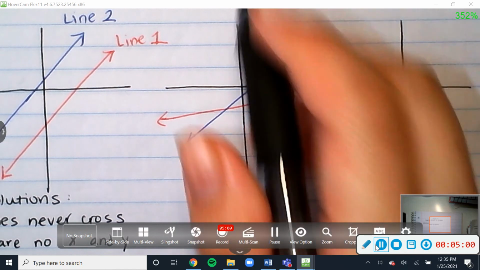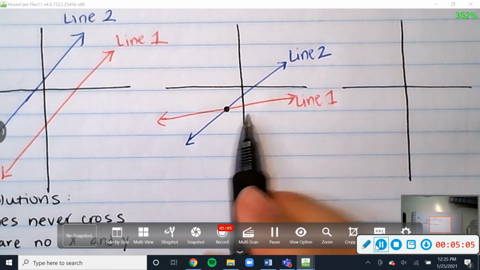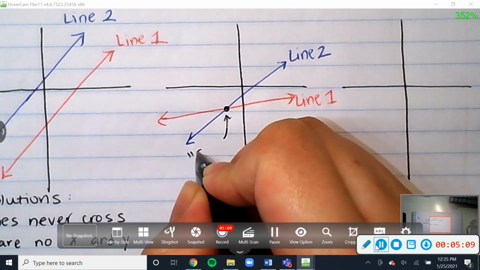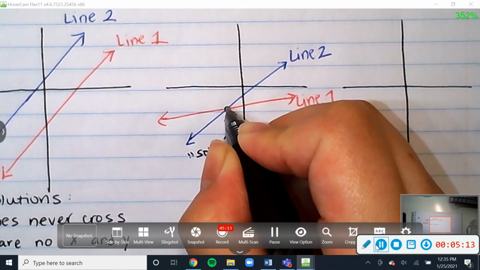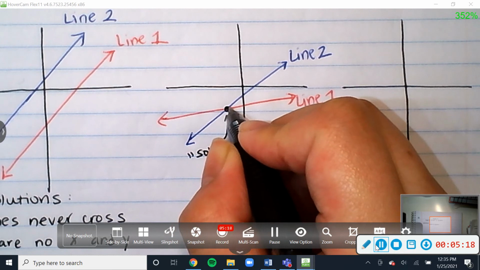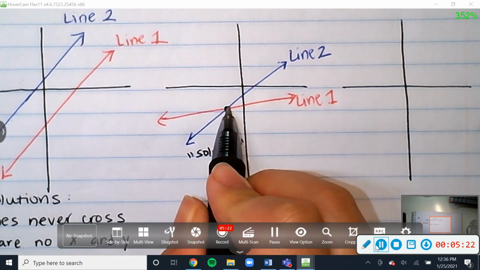When they cross like this, I'm going to put a dot right here at the point where they cross. This spot right here is a solution, because at this exact spot, they share this point in common with each other. The blue line has this point somewhere on the line, and this red line has this dot somewhere on the line.